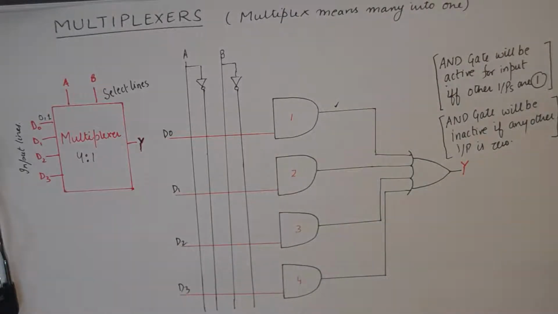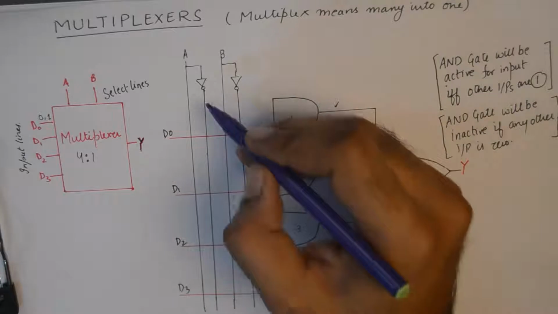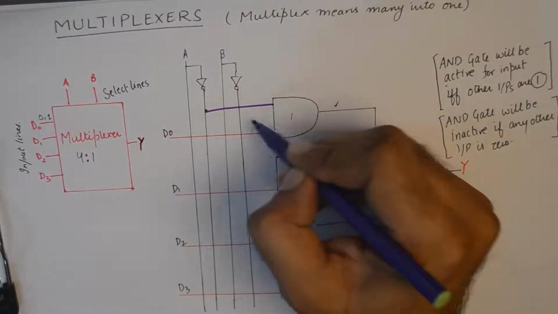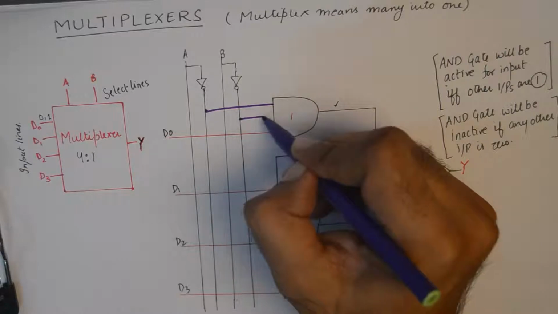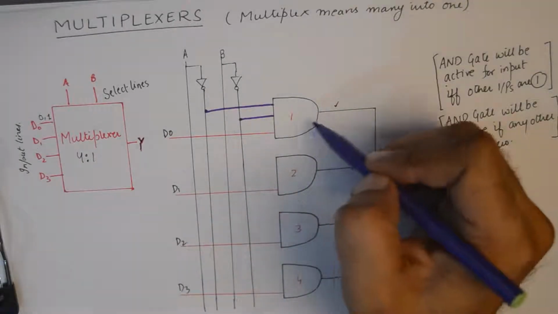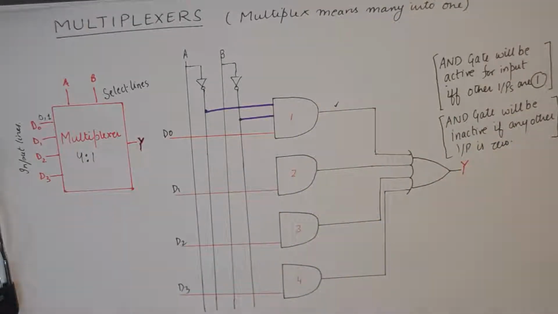So let's see how it does that. If I connect A bar and B bar here like this to gate number 1.